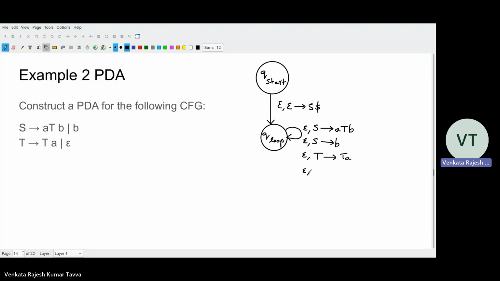Then T goes to epsilon. Then there are only two terminals, A and B. So for each of them, you write rules like this. That's it. Anything more? That's it. And finally, you go to accept state.